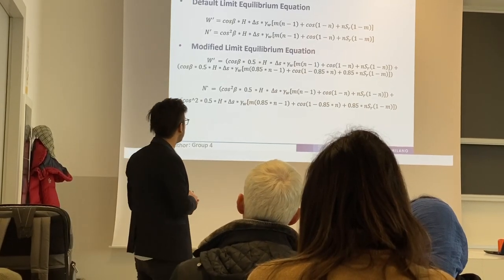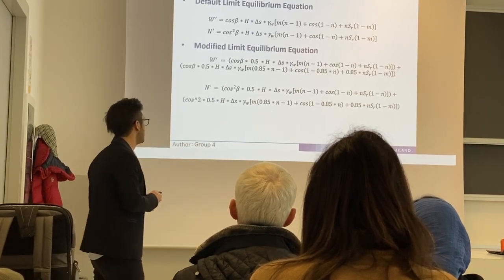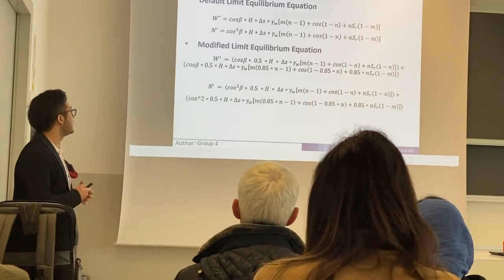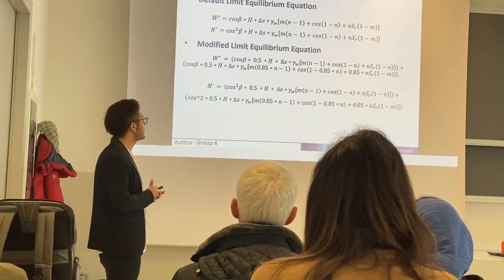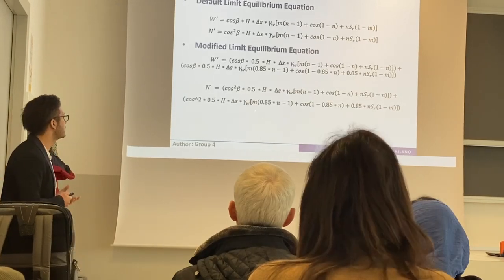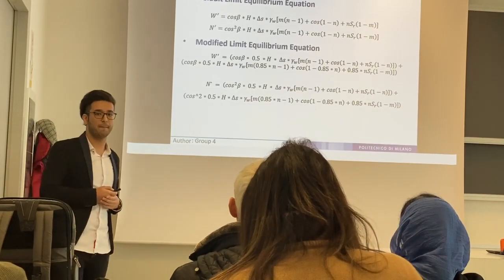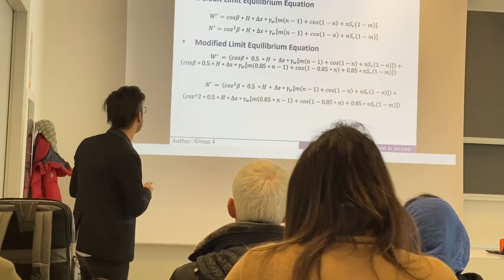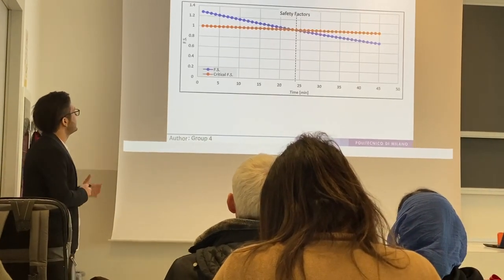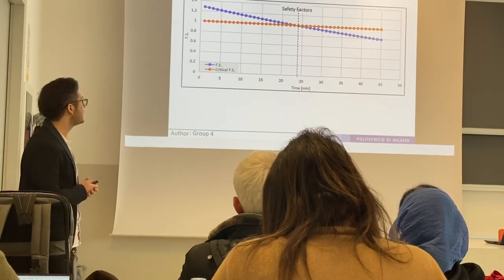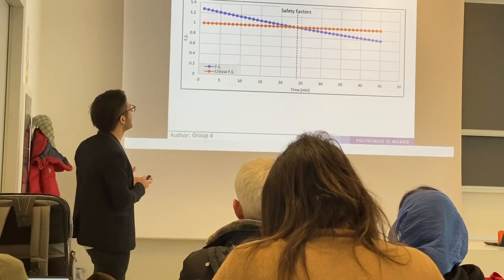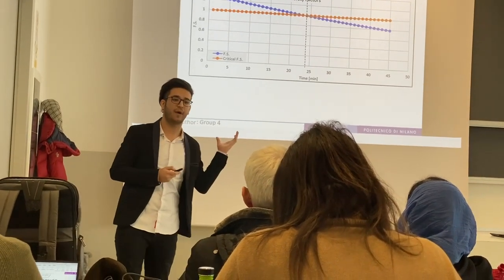And in the bottom layer, we have tried to decrease the porosity by 15% because of the compaction, using this 0.85 number multiplied by the porosity. By doing these modifications, the SLIP model gave us accurately the time of first crack.